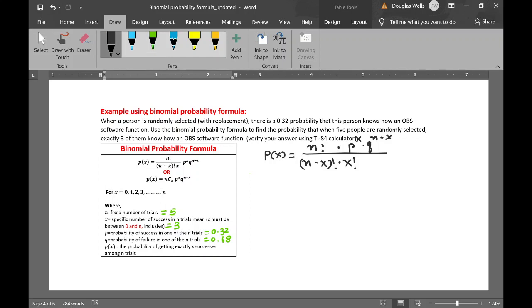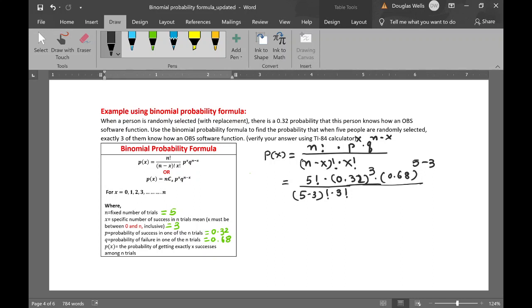When we do that, what we end up getting is 5 factorial over 5 minus 3 factorial times 3 factorial times 0.32 to the third power times 0.68 raised to 5 minus 3 power, and all this underneath is just 1, so you can extend your fraction sign.